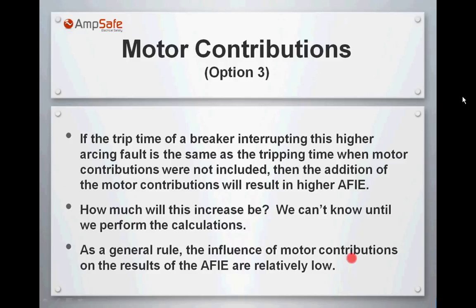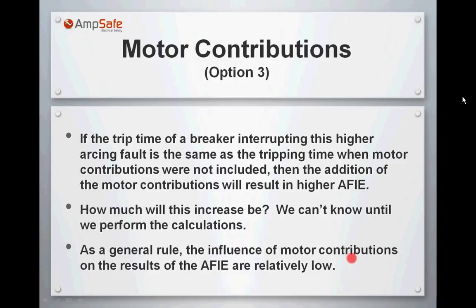As a general rule, the influence of motor contributions on the results of the arc flash incident energy is relatively low. So if you need to spend more time and money, I would recommend other options rather than taking a lot of effort documenting a whole bunch of motors.